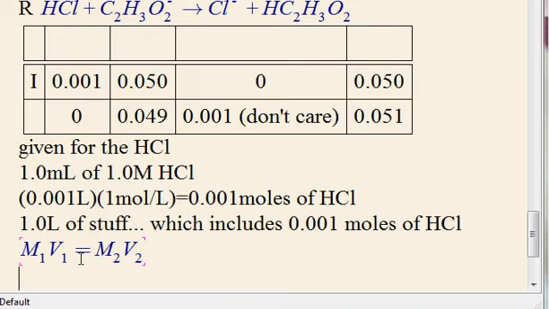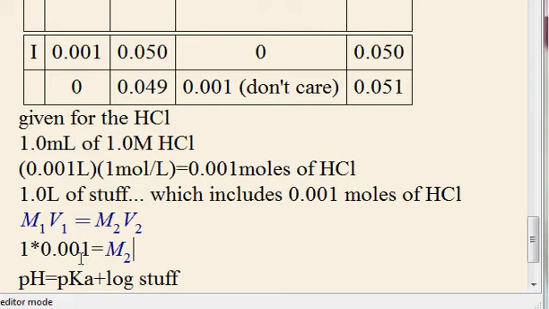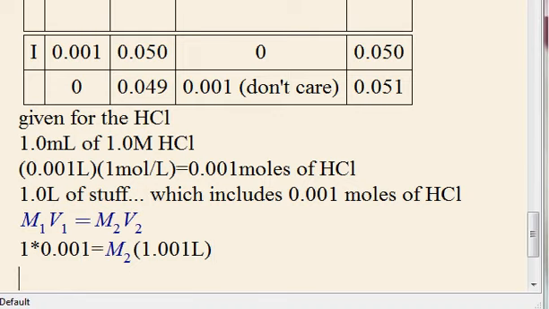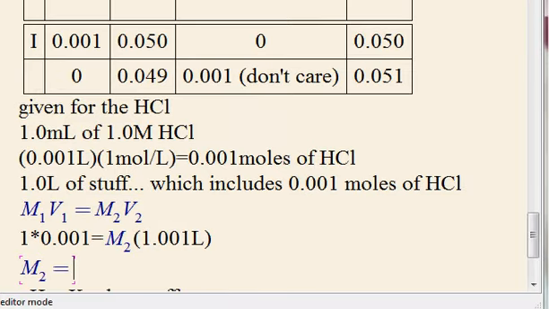This is 1 molar times 1 milliliter equals M2, which we don't know, times the final volume of 1 liter, or 1.001 liters if you wish, because you added a little bit of liquid. Doesn't matter. And you get M2 equals that, ish. So that's where this comes from.